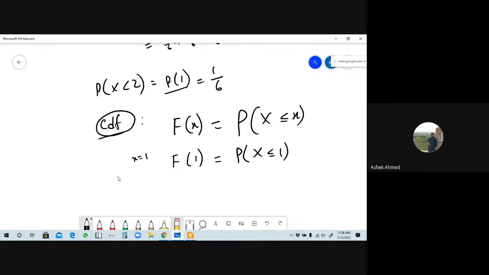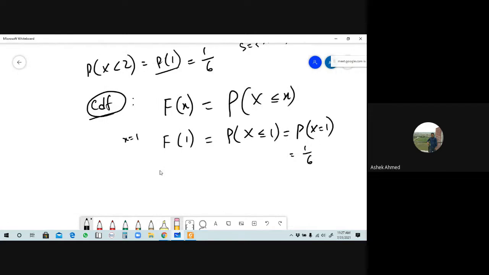If there is a sample space 1, 2, 3 up to 6 for a dice, what do we want to represent by the probability of x equals 1? Only x equals 1. So the probability of x equals 1 is 1/6 here. Understand? Yes, sir.